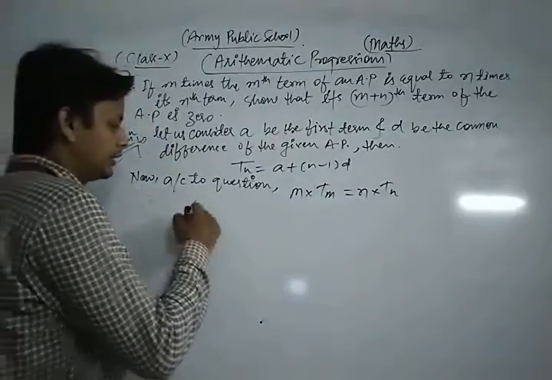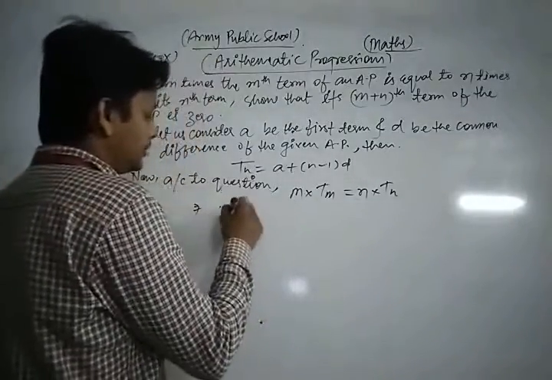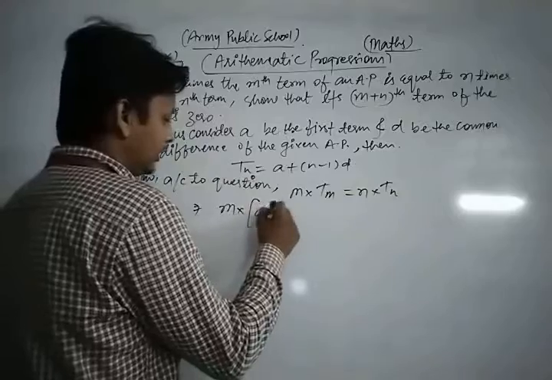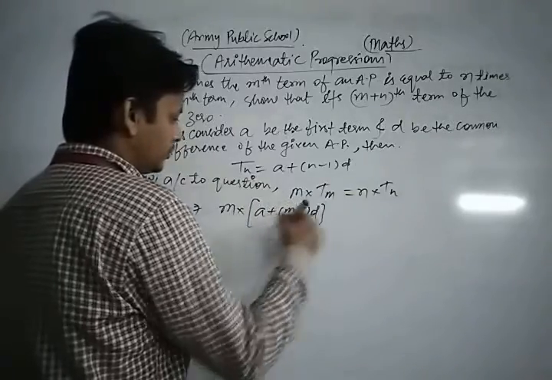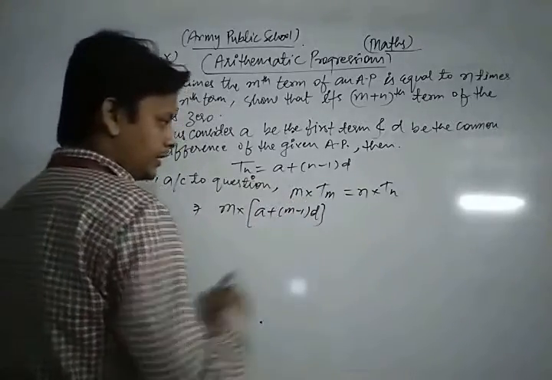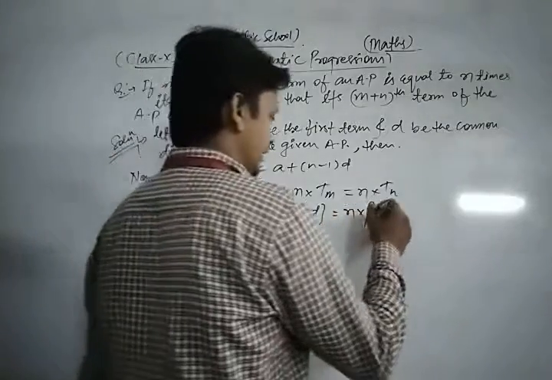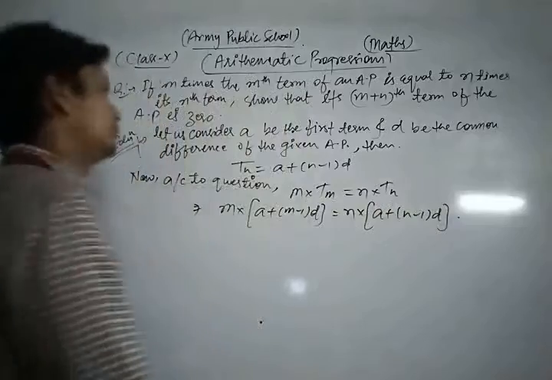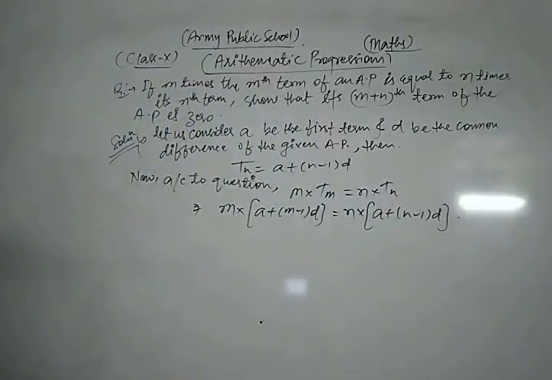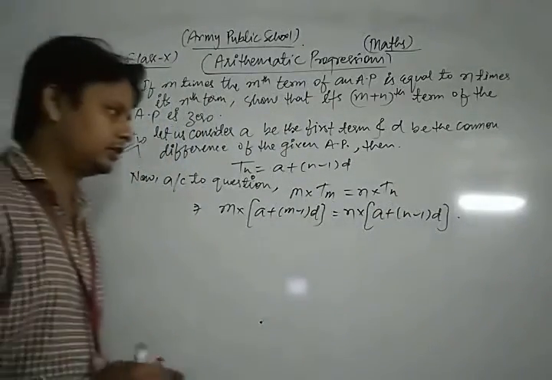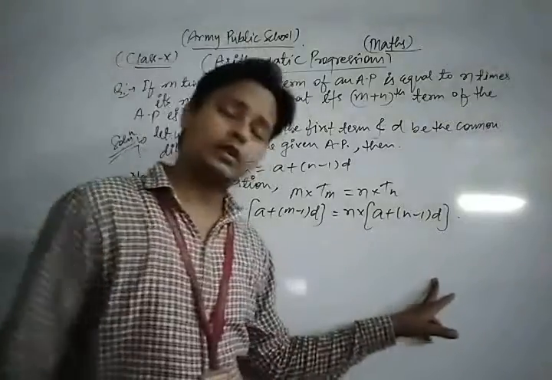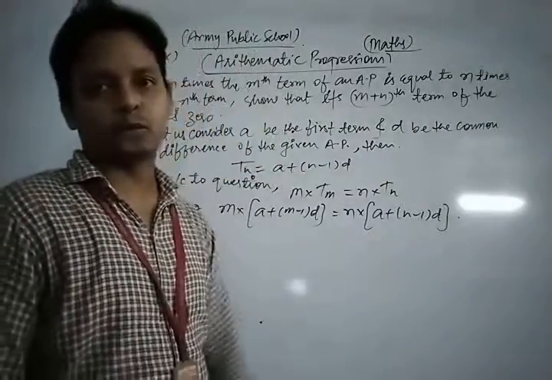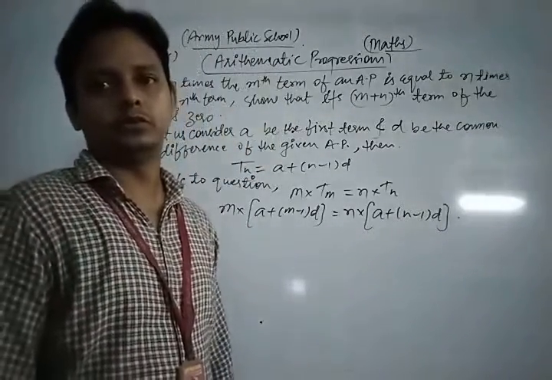So m times its mth term is m into a plus m minus 1 into d. M times the mth term is equal to n times its nth term means m into a plus m minus 1 into d is equal to n into a plus n minus 1 into d.